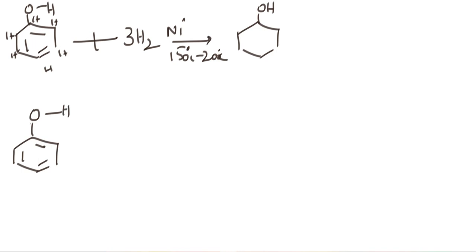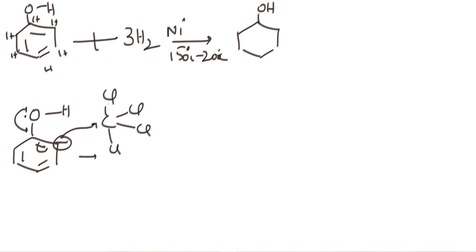This is OH lone pair. Lone pair is shifted like this. It is shifted here, negative charge. You added CCl4. Okay. So this is the CCl4. Then bond shifted. Please observe that. I'll write this reaction separately.